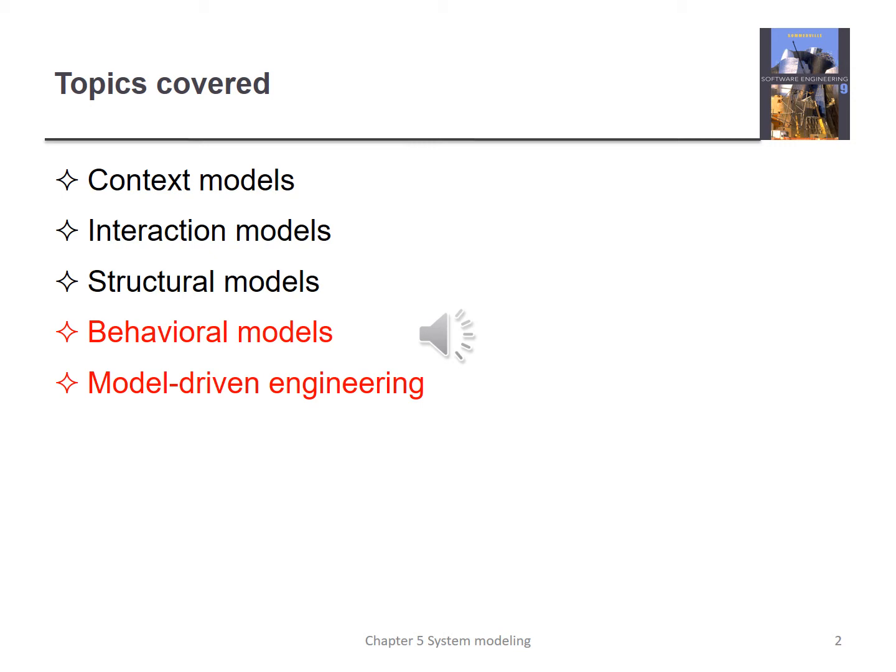We go to the component and find out how the component behaves if it encounters this input. It's a stimulus and response. And the last thing we are going to talk about in this lecture is model-driven engineering, in the last few slides, and we'll see what's going on with this.